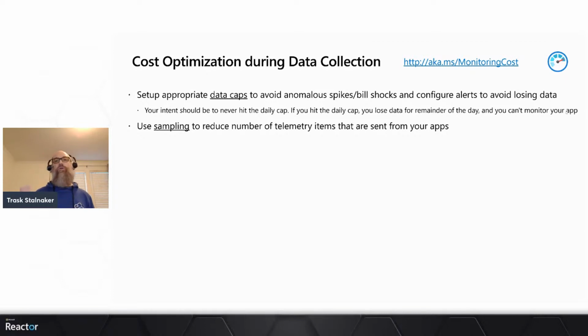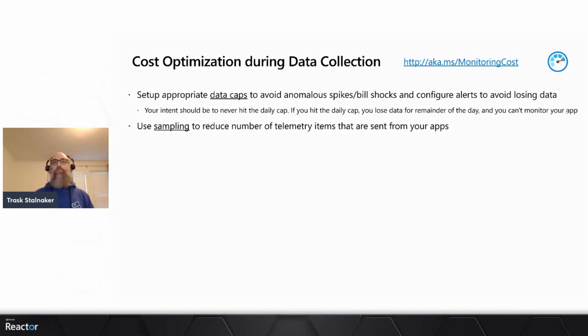At least that will prevent bill shock if your application should go haywire and end up trying to ingest way too much telemetry. Just remember, if you hit that daily cap, it will stop collecting. The ingestion service will just start rejecting all additional telemetry for the remainder of the day. So you will have a blind spot then. You won't be able to see what's happening in your application. But it is still an important safety guard.